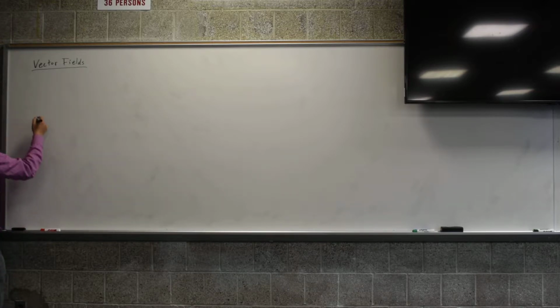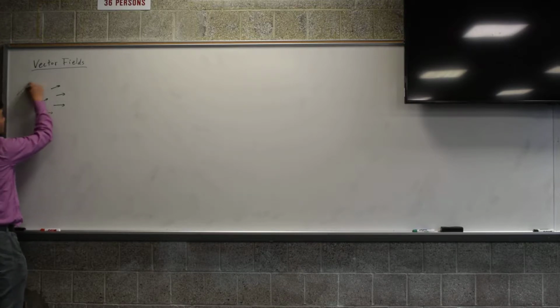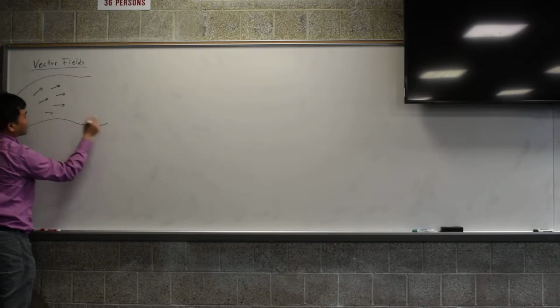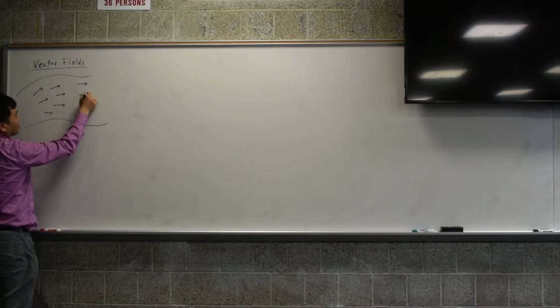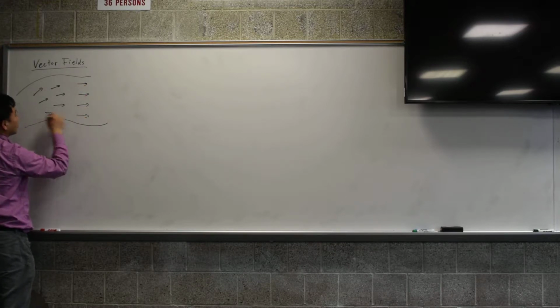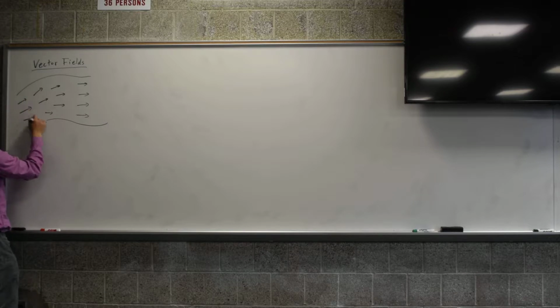A vector field is something that has vectors placed in each point in space. Now, when would you need something like that? Well, in fluid dynamics, if you have some kind of water flowing, and if you have a steady flow, then at each point you have some kind of a vector, right?